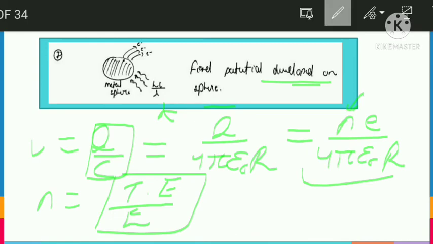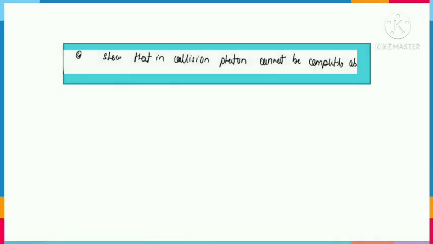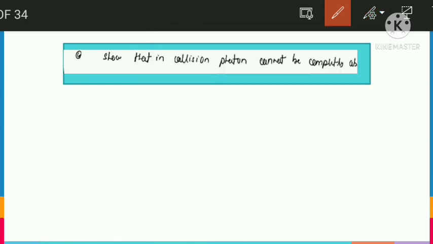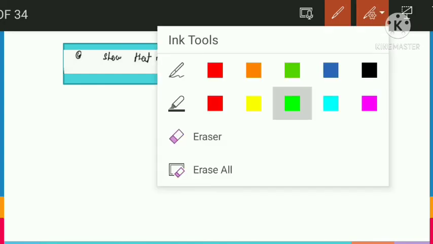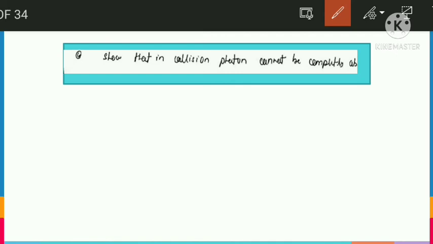So friends, let's move to the last question, we have to show that in collision a photon cannot be completely absorbed. So let's do the reverse thing, let's make it absorb fully. I think you know the collision of a photon is completely elastic.